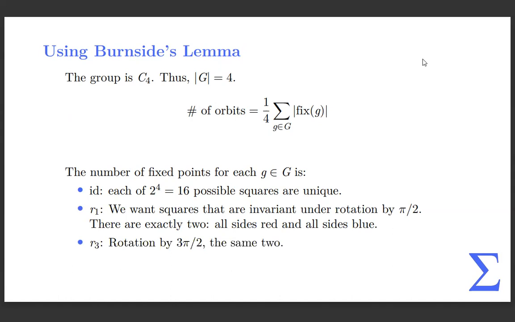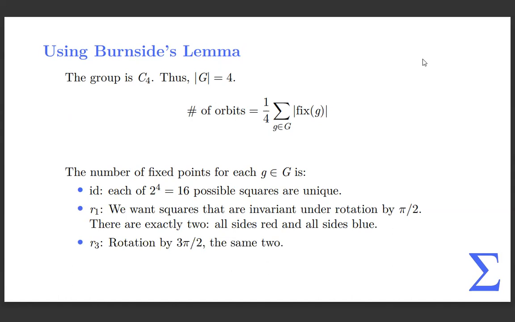Rotation by 3 pi over 2 is similar. If even one or two side colors are different, and you rotate by pi over 2 in any direction, it changes. 3 pi over 2 is just negative pi over 2, so it's the same logic for R3: the only squares invariant under this operation are all sides red and all sides blue. Do these two make sense?